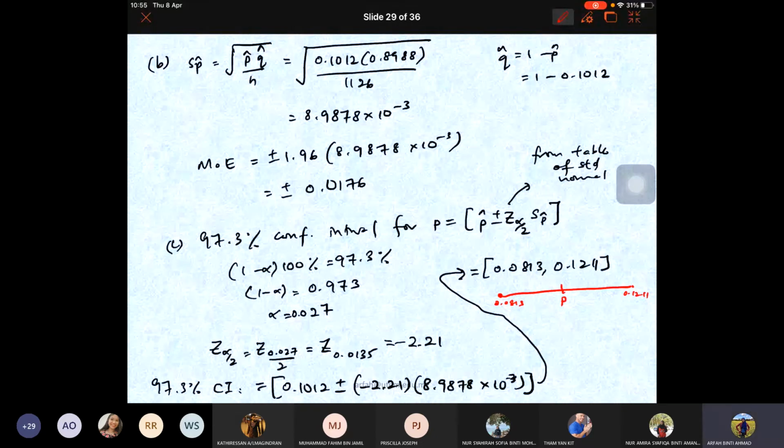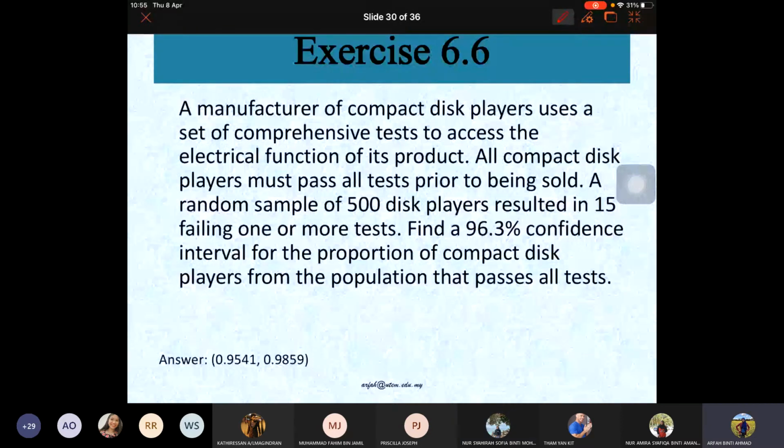Okay, done with this one. Okay. So, cuba buat this exercise. A manufacturer of compact disc players uses a set of comprehensive tests to access the electrical function of its product.